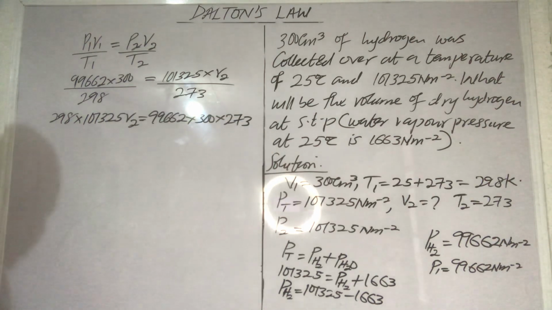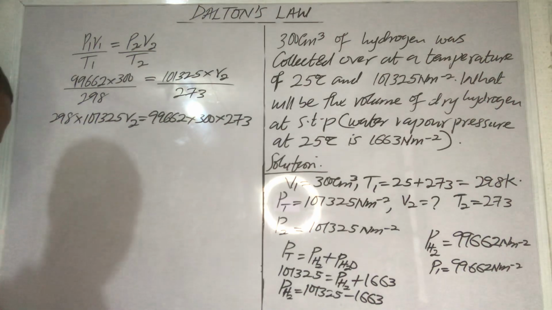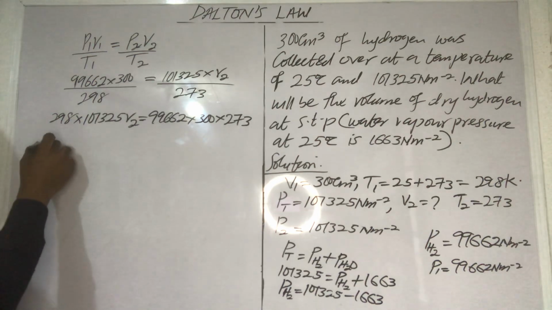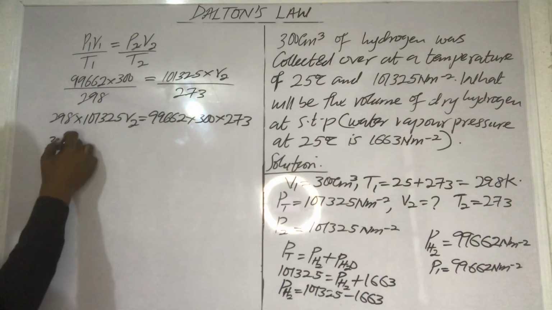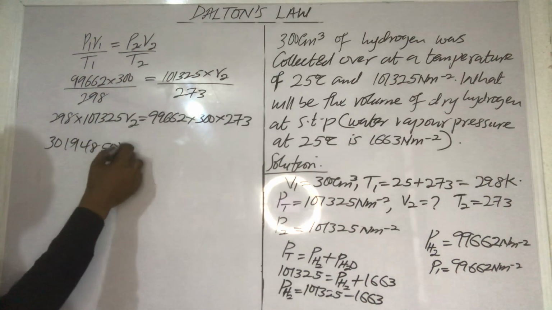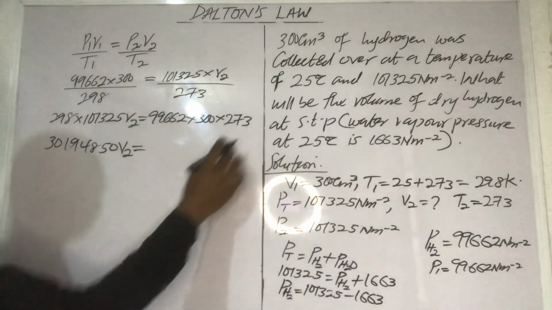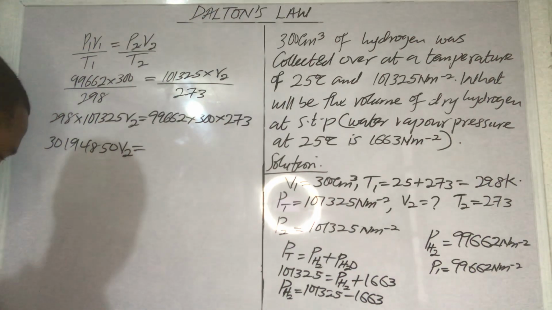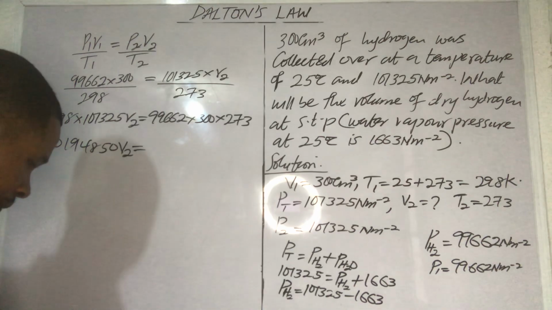If I multiply this by this now, I have 298 times 101,325. So that will give me 30194850 V2 is equal to this times this, 99662 times 300 times 273.